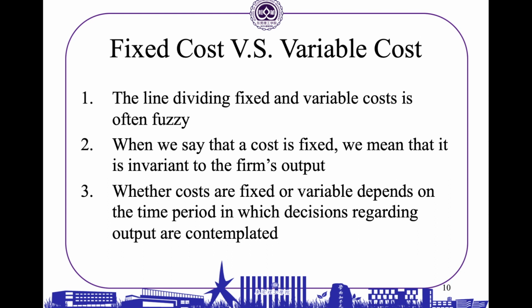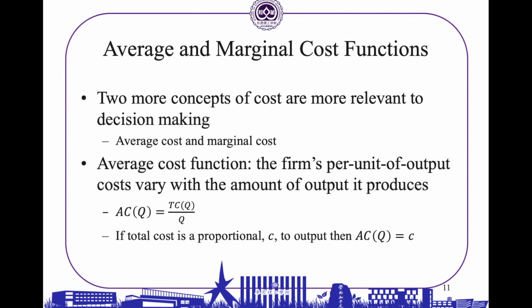In general, the labor cost is variable for a year-long consideration, but the labor cost for a week is fixed, since the workers are hired for a contract time, for example. We will discuss it when we consider the short-run cost and the long-run cost.